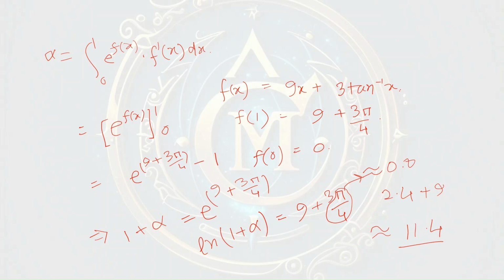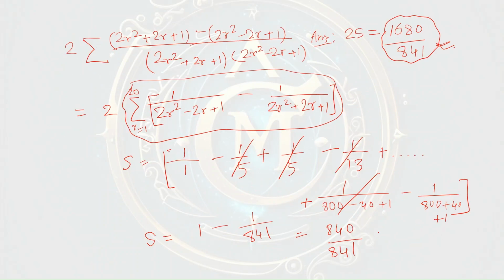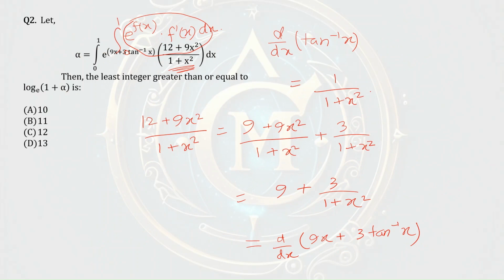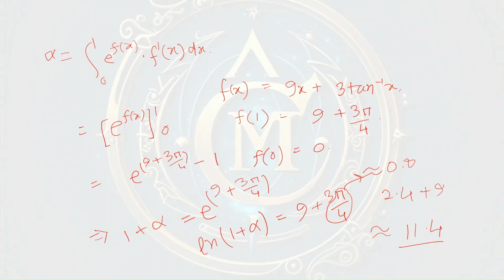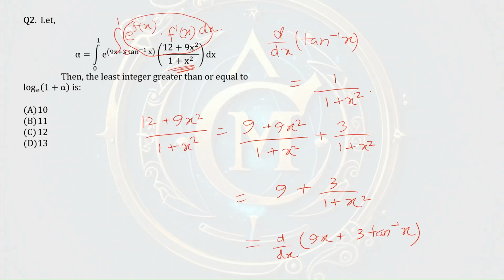But the question asks for the least integer greater than or equal to log of 1 plus alpha. So the least integer greater than or equal to this number will be 12. Here option C will be our correct option. I hope you all understood this question.